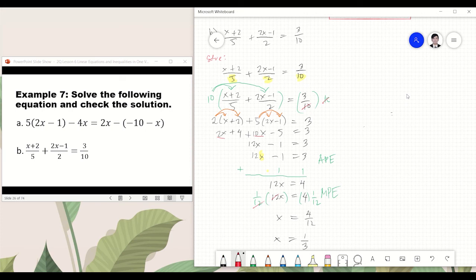So, checking. If x is equal to 1/3. So, ito yung equation natin. Papalitan lang natin yung x ng 1/3.